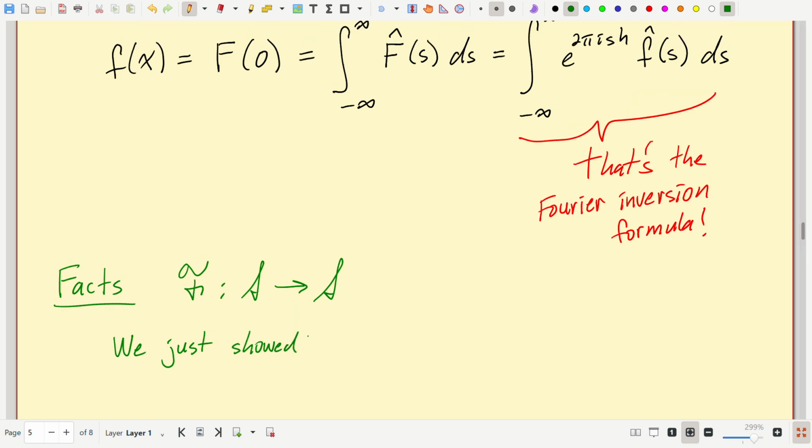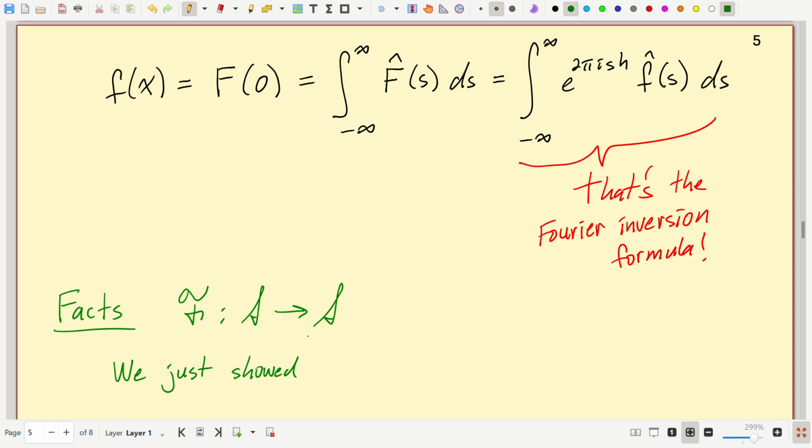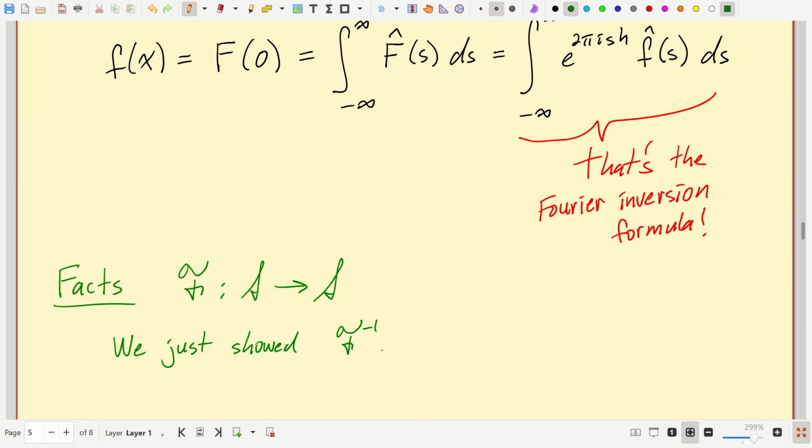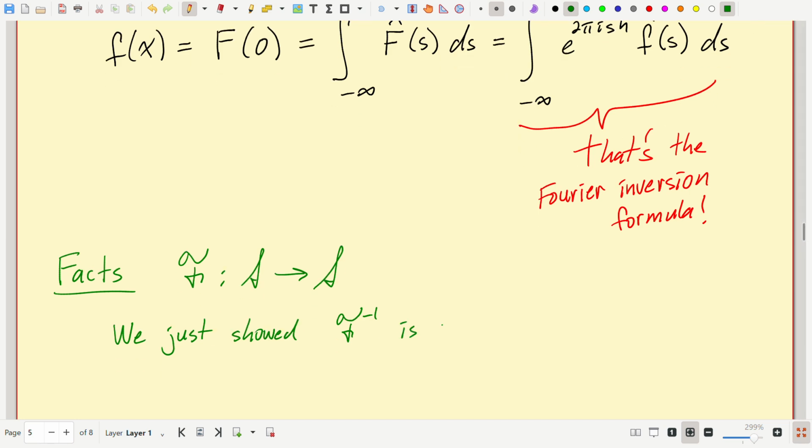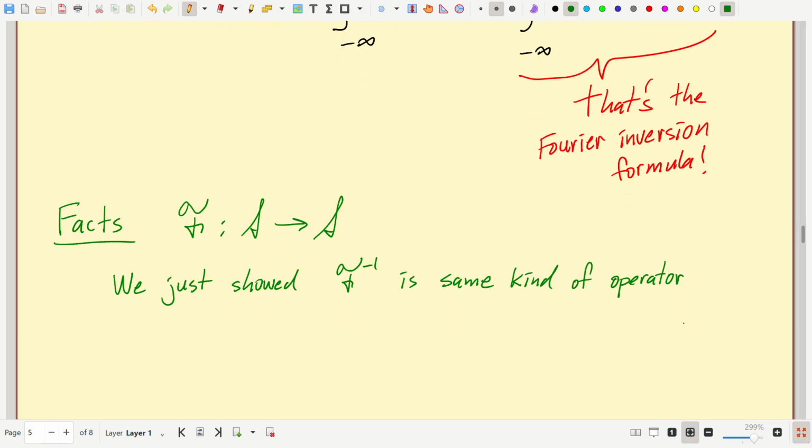All you do is realize that all I'm doing is replacing the x by a minus x in the transform. We just showed F inverse is the same kind of operator. In fact, when you look at it, it's just changing an x to a minus x.